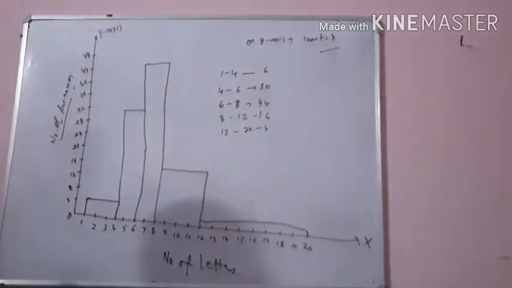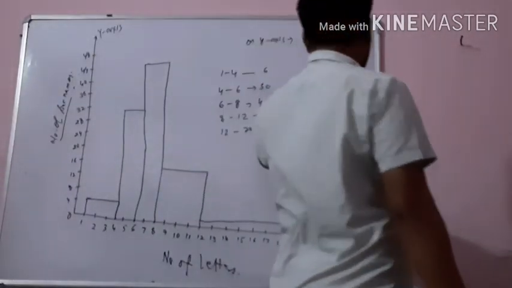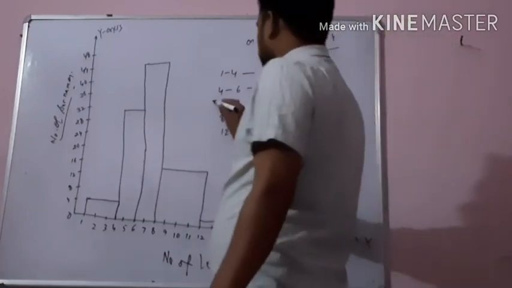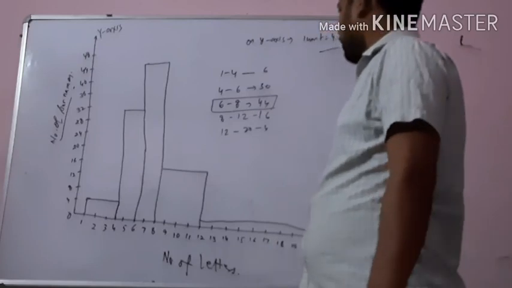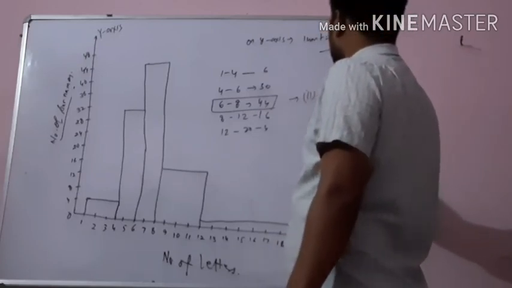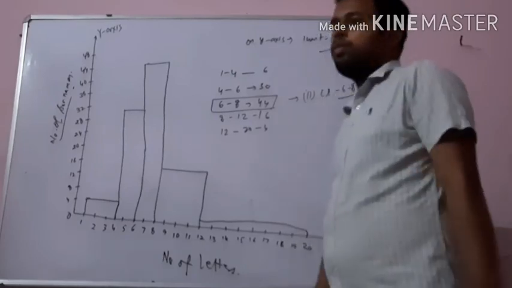By seeing the data, we can say which class interval has the maximum number of surnames. That interval will be 6 to 8. So the answer of the second question is class interval 6 to 8, as it has the maximum number of surnames.